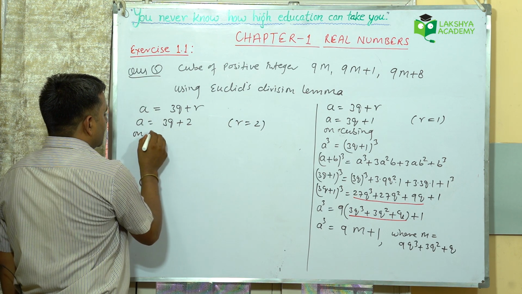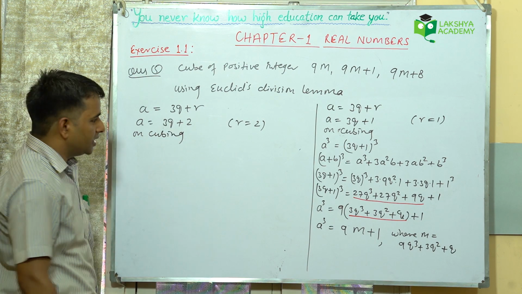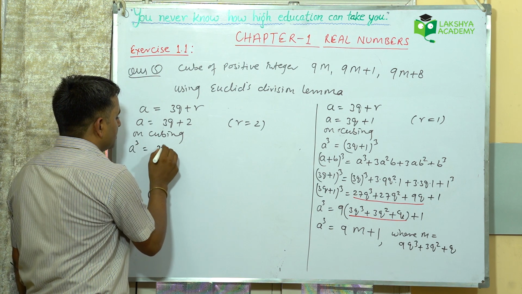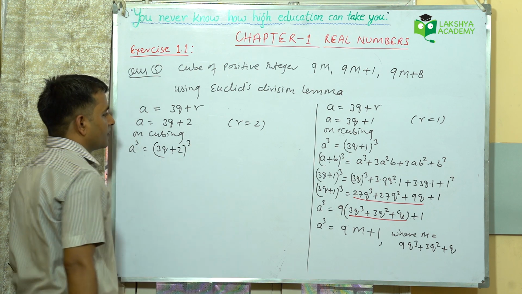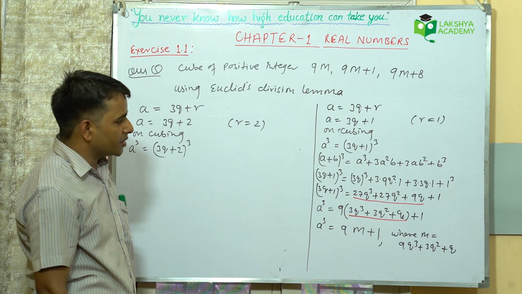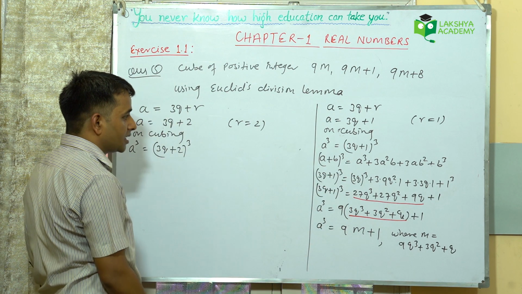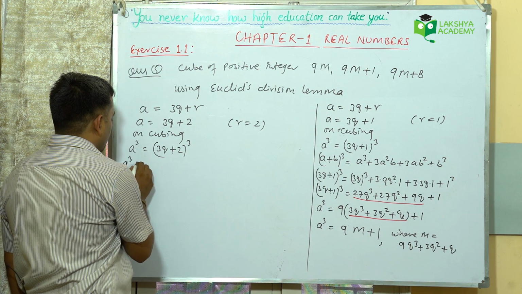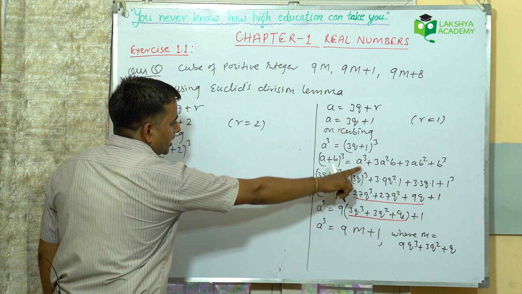Now on cubing both sides of this expression, we will get a cube equals 3q plus 2 whole cube. Again following the same identity, a plus b whole cube equals a cube plus 3a square b plus 3ab square plus b cube.